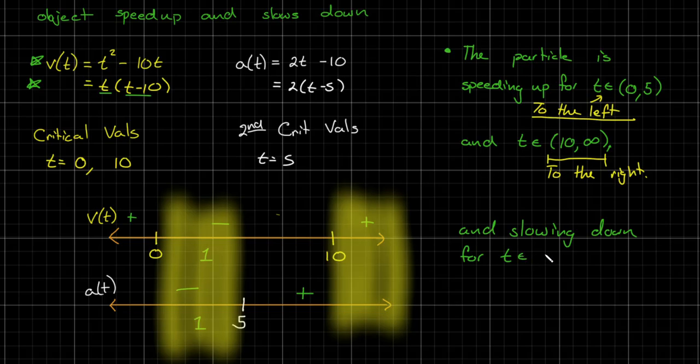For the times that are in the range from 5 to 10. Now, last little question. What direction is it moving as it's slowing down? And how are you thinking about that? Because it sounds like such a challenging question, but there's a super easy answer. Talk with your neighbors.